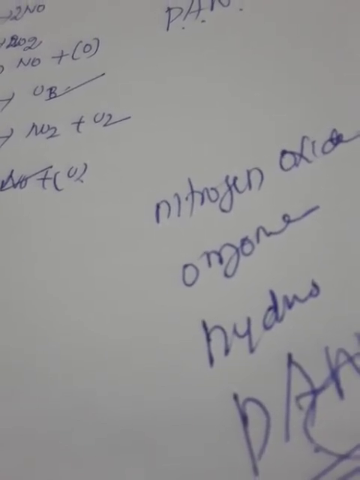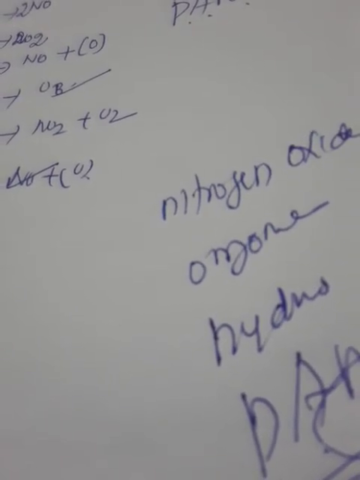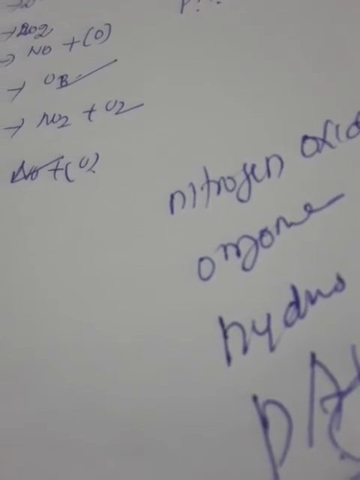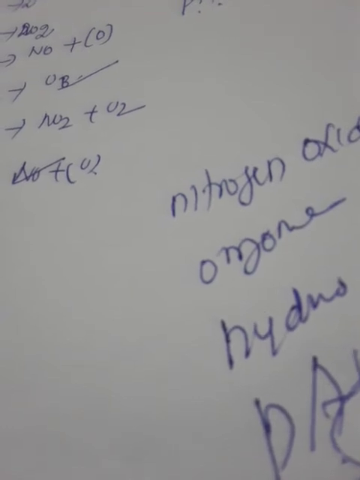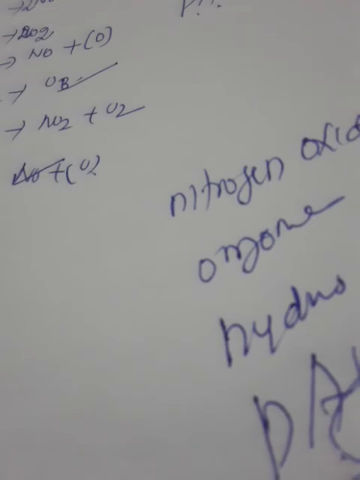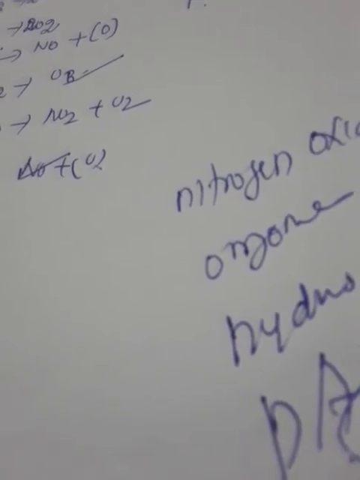If it is possible, we can do it, but these are the control measures given. One thing, from the motor vehicles only, all the hydrocarbons are released into the atmosphere. So it should be controlled by using catalytic converters in engines. Next, the plantation of certain trees. If it is possible to do both, then the photochemical smog can be controlled.